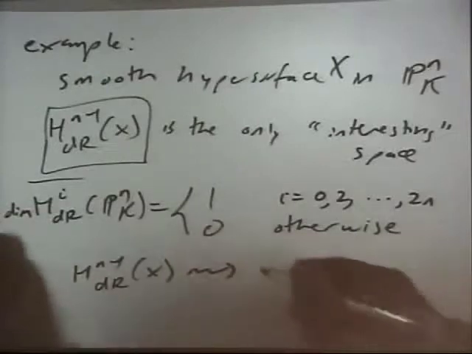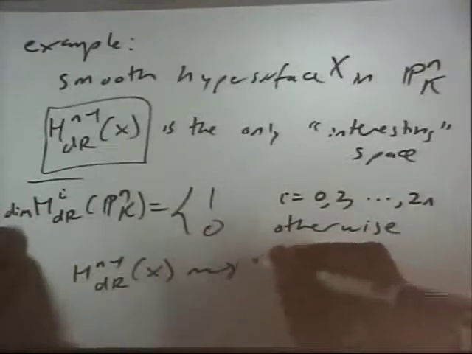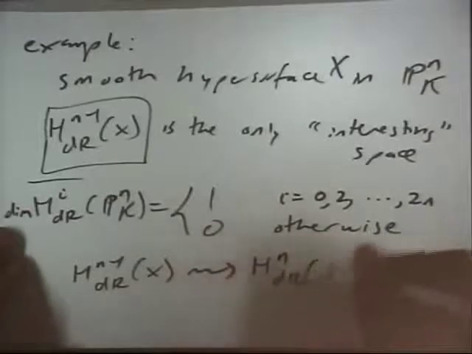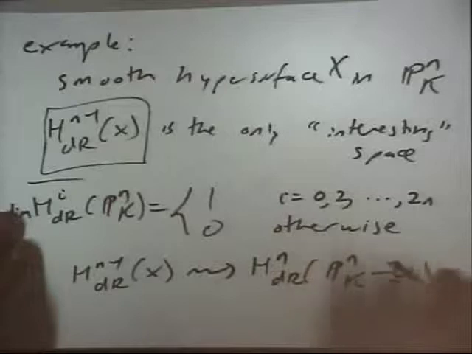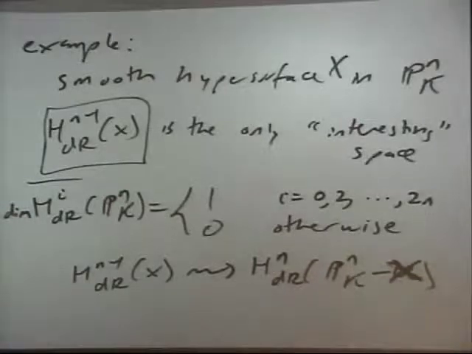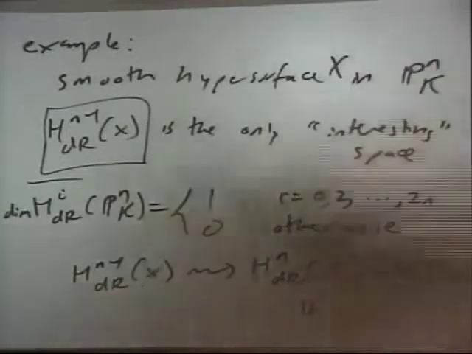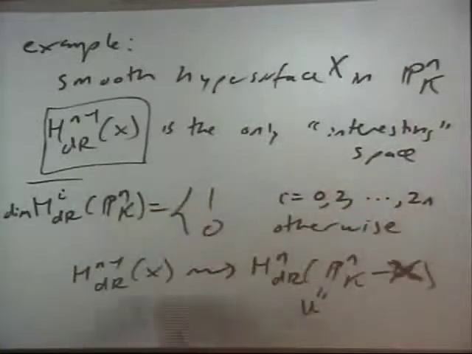I'll say what sort of means, to the cohomology in dimension n of this thing, P^n minus X, which I'll call U if I need a name for it. The tilde part means there's an ambiguity of a one-dimensional space, because if n is even, then there's actually a one-dimensional piece of this which comes from here, and you're supposed to throw that out when you go to here. So this actually is the so-called primitive middle cohomology of X.